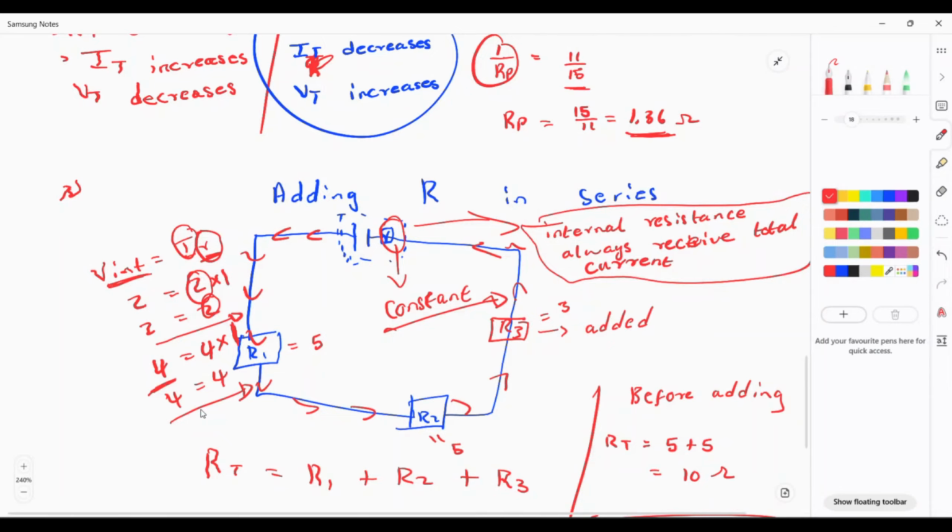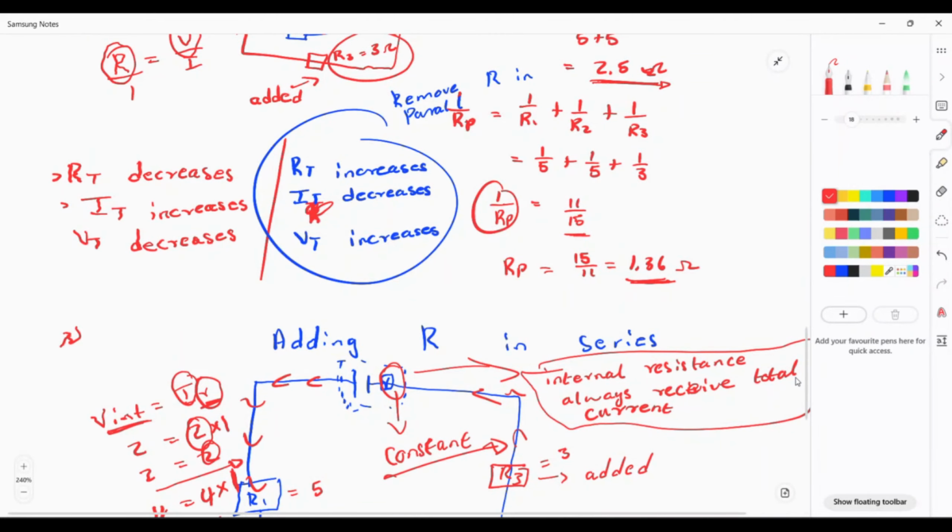Whatever the current does, the internal voltage also does that thing. Whatever in your equations the total current does, your internal voltage does that thing.